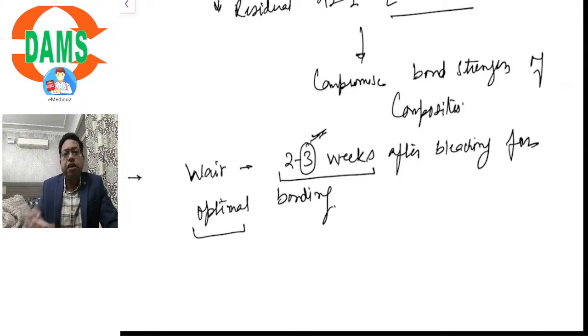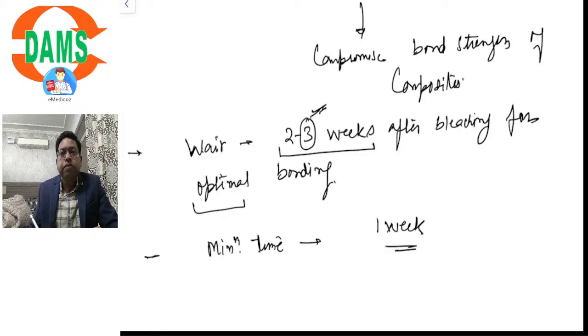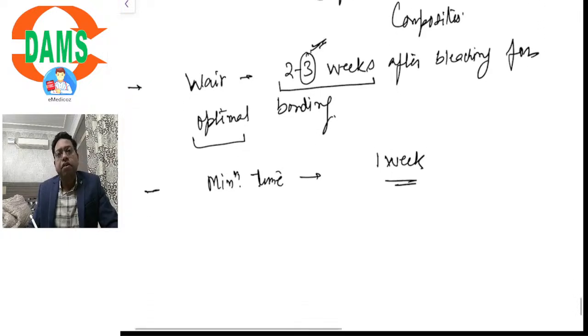If we are talking about a range, it would be 2 to 3 weeks. A second set of questions asking about the minimum time that we have to wait is 1 week. So depending upon the language of the question, you have to answer accordingly. Optimal time is in the range 2 to 3 weeks, singularly 3 weeks. Minimum time that we have to wait is 1 week.